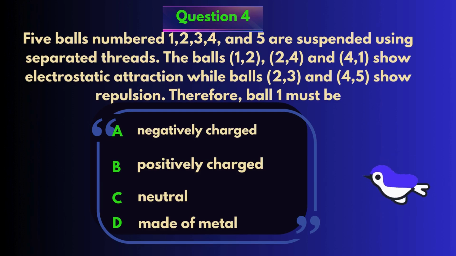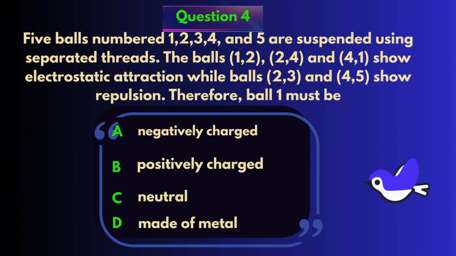Question 4. 5 balls numbered 1, 2, 3, 4, and 5 are suspended using separate threads. The balls 1, 2, 2, 4, and 4, 1 show electrostatic attraction while balls 2, 3, and 4, 5 show repulsion.